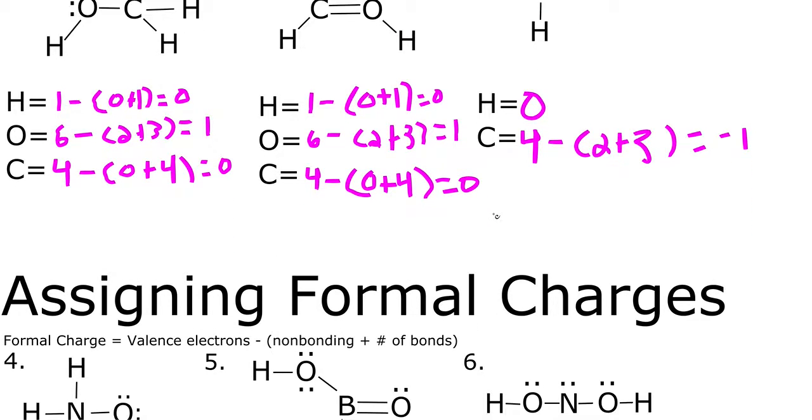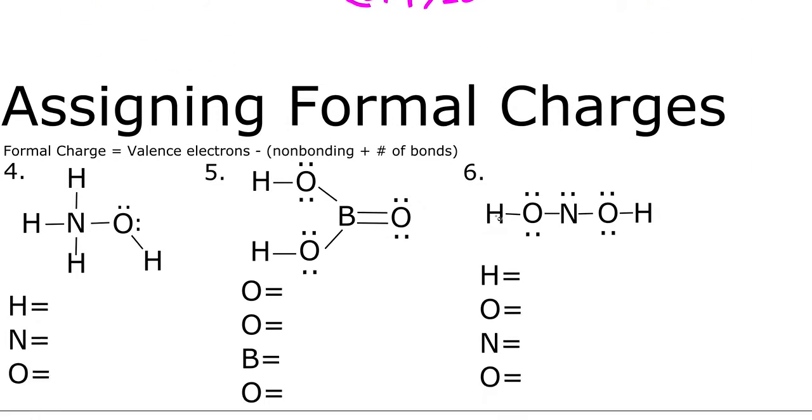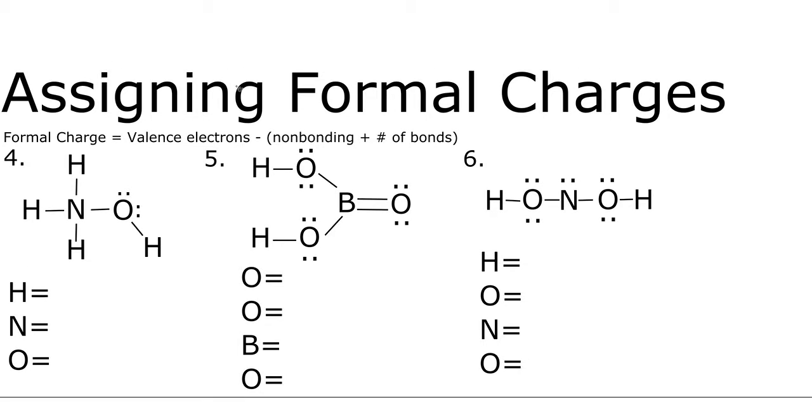Okay, moving down. Alright, number 4. Once again, these hydrogens only have single bonds, so it is 0. Anytime you see a hydrogen with a single bond attached to an atom, it's going to be 0 for the formal charge because it only has a single bond and no lone electrons. That's only for hydrogen.